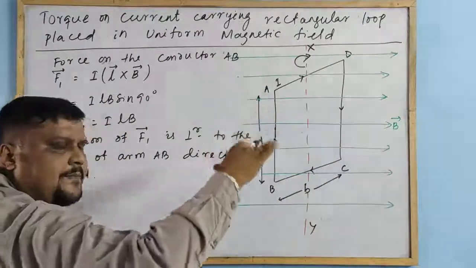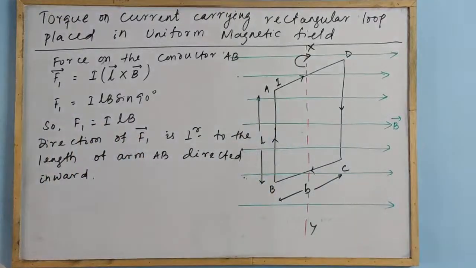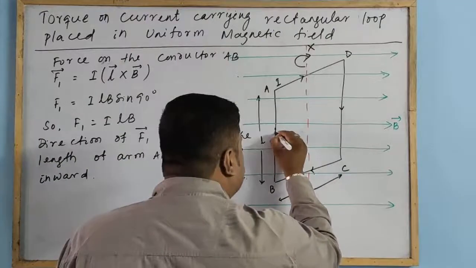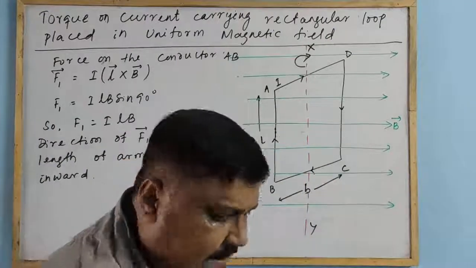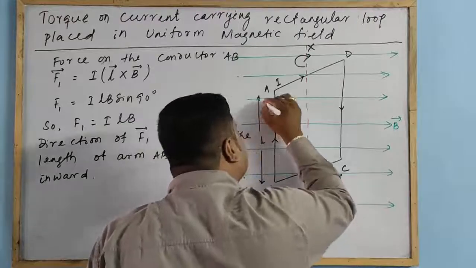Suppose you draw that on your paper, that is directed inward. Let me show this F1 here, directed inward, like this. This is F1.